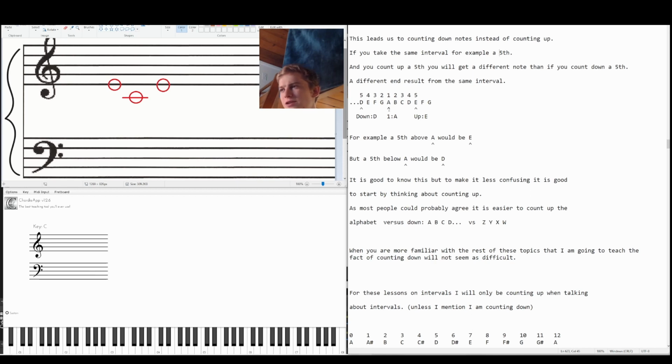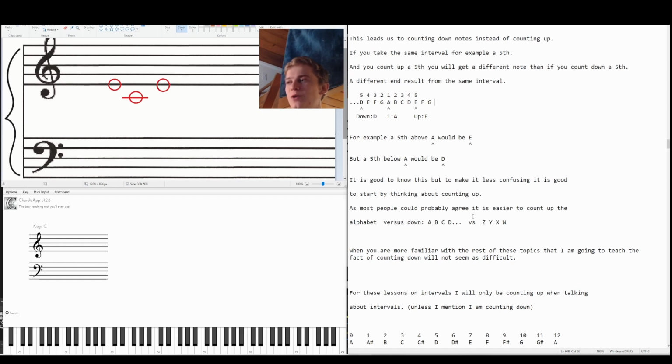Let's look at this. So we're going to call our A our 1. So if our A is our 1 and we count down 5, we end up landing on D. But if we start on A and we count up 5, we land on E. It is good to know this, but to make it less confusing, it's good to start thinking about it as counting up.